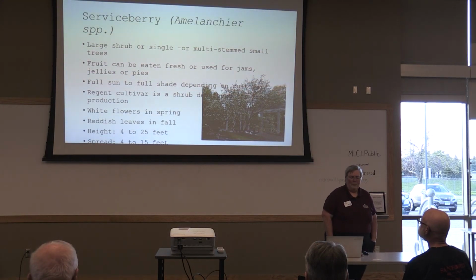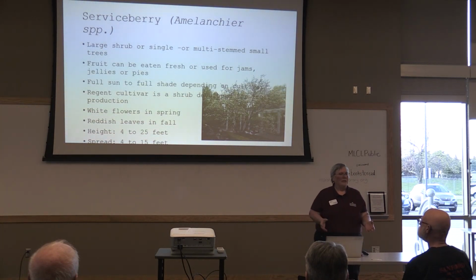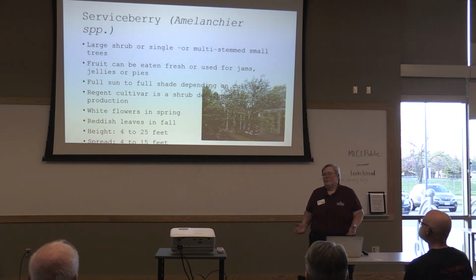Serviceberry. I say a species because there's all kinds of varieties of serviceberry. You need to look at them. It can be a large shrub. It can be a single or multi-stem small tree. You can get fruit off of it and eat them fresh or make them into jams, jellies, pies.